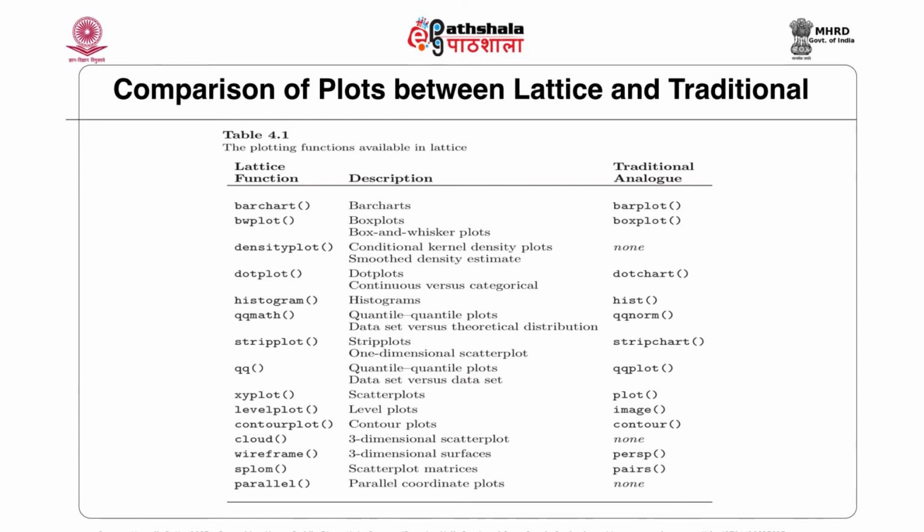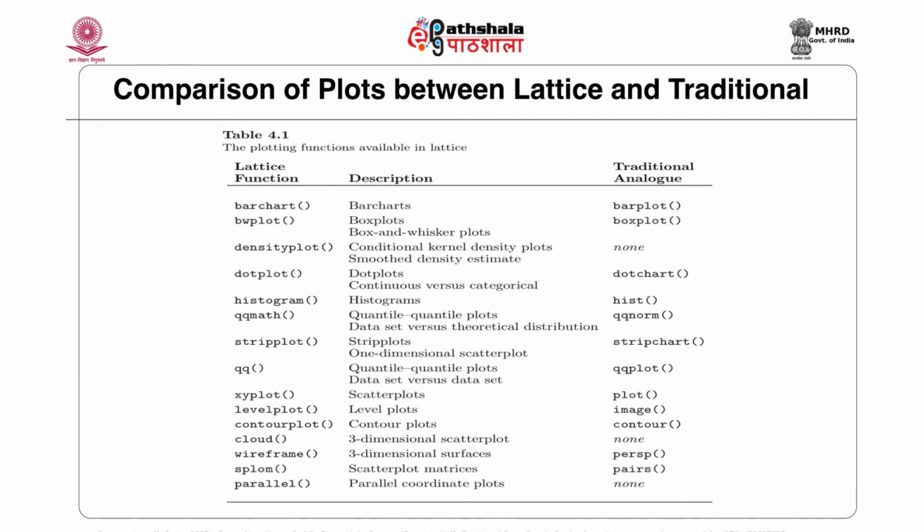Now, obviously, in the traditional systems, as we showed you, you don't really have a way to plot kernel density plots. You don't. So what you do is specify the density function and add lines to it, right? Whereas in lattice, you can do this directly. Similarly, with a three-dimensional scatter plot, you don't really have something like that in the traditional system.